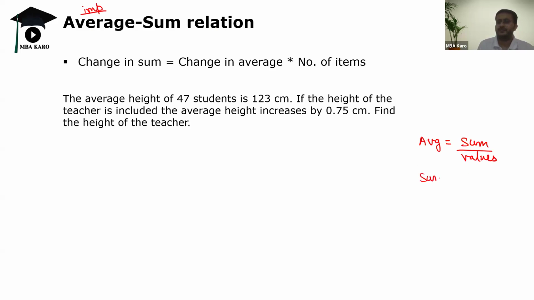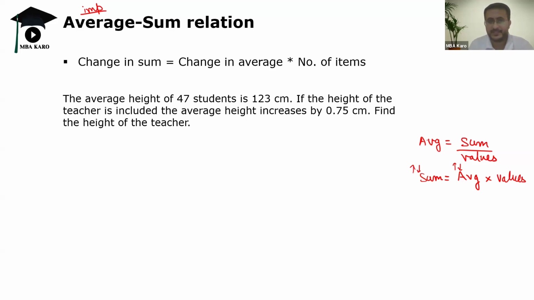So it implies sum is equal to average into number of values. Now, if you have to change the average, you change the sum, that is, increase or decrease the sum, depending on increasing or decreasing the average. So that is the property: change in sum is change in average into number of items.